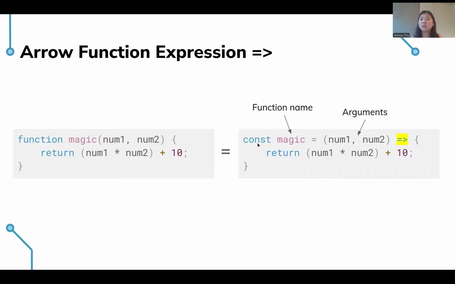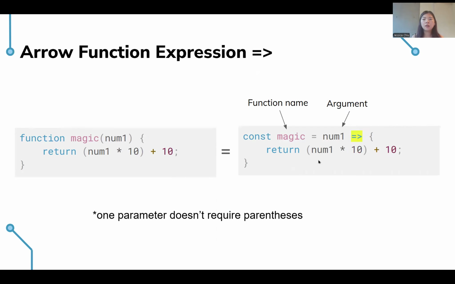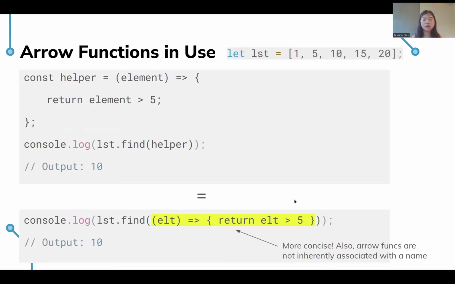You do const, the name of the function, equal, and then the arguments, and then use this little symbol, the equal sign and the bracket right here, to create the function. But just know again, for the scope of this class, these two are pretty much the same. And if you have one argument, you don't have to put parentheses around it.